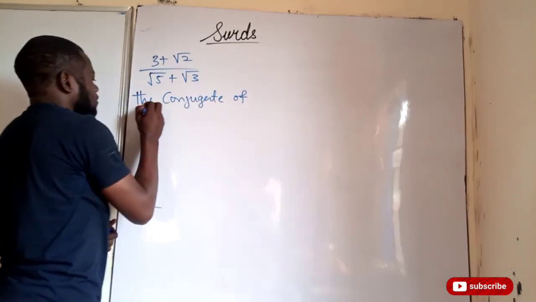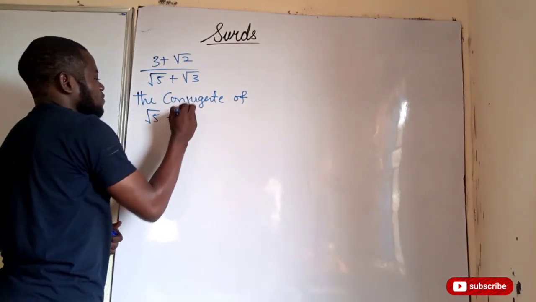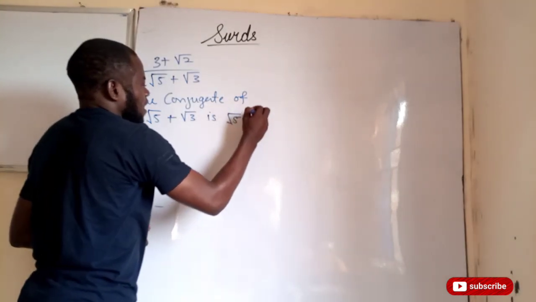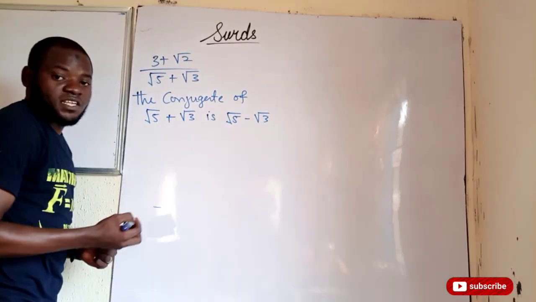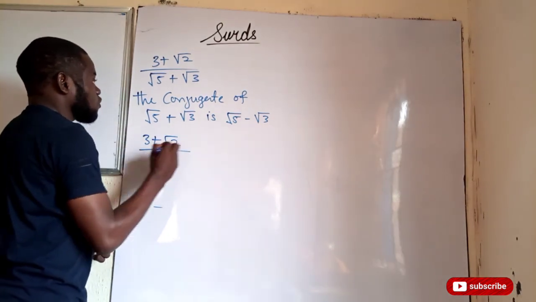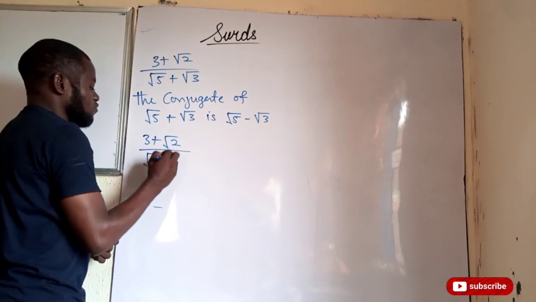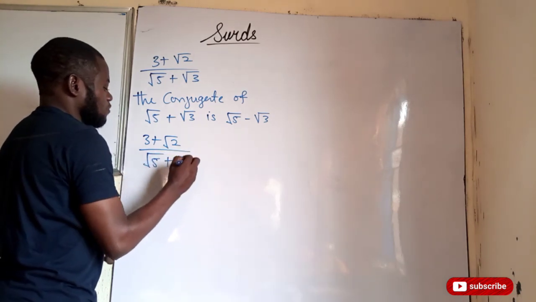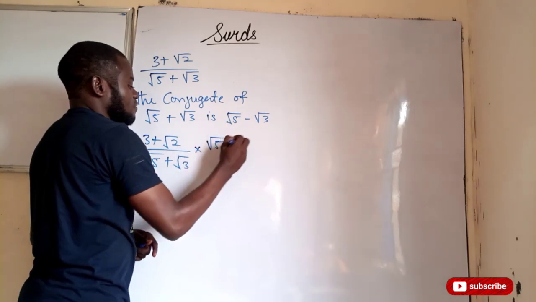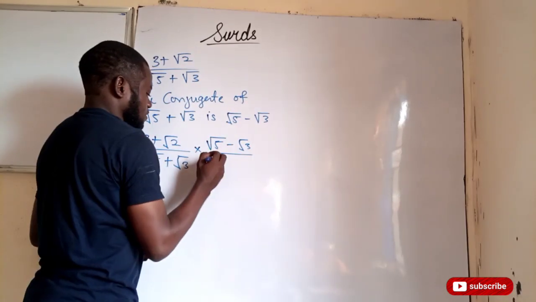The conjugate of the square root of 5 plus the square root of 3 is the square root of 5 minus the square root of 3. Hence, 3 plus the square root of 2 divided by square root of 5 plus square root of 3, we have to multiply this by the conjugate.